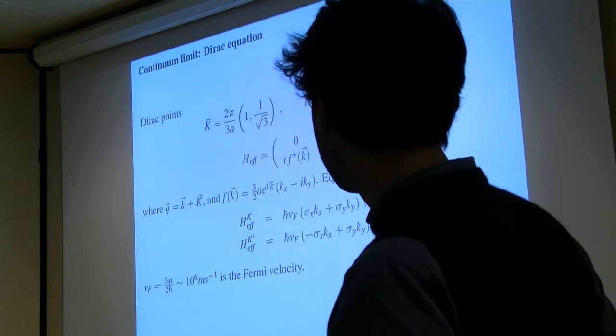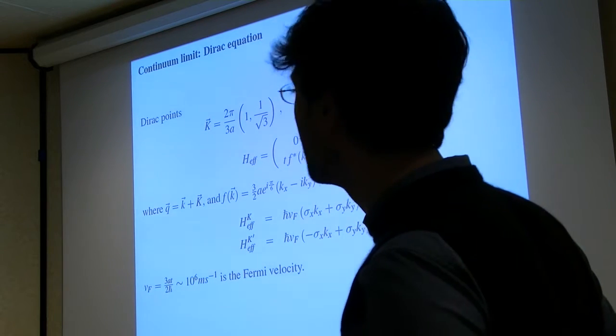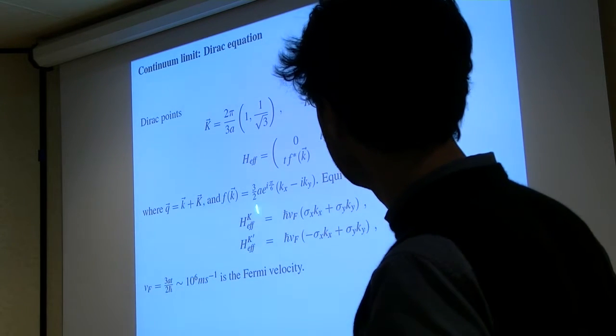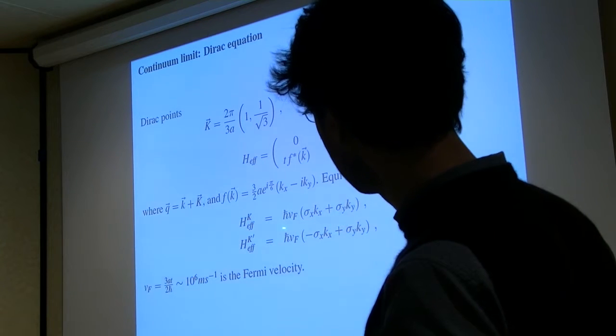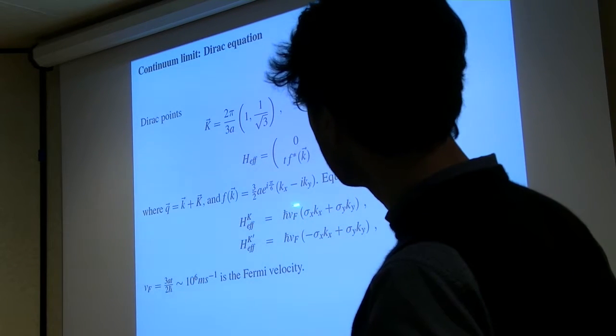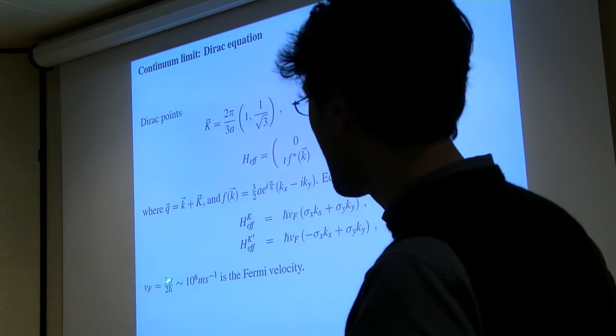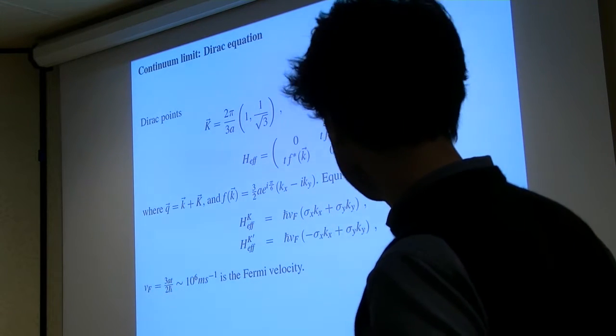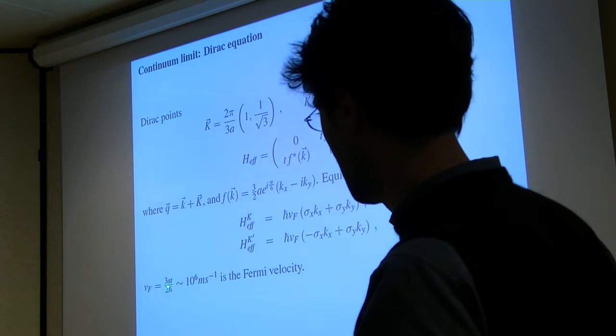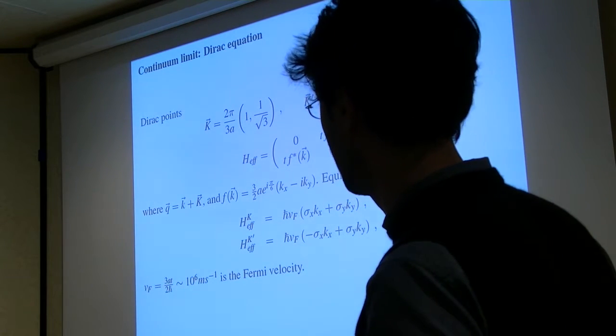In particular, one gets an equation of the kind Dirac equation in 2 dimensions. Here the sigmas are the Pauli matrices, and the Fermi velocity pops out from the parameters of the model. So again, a is the carbon-carbon distance and t the hopping parameter.